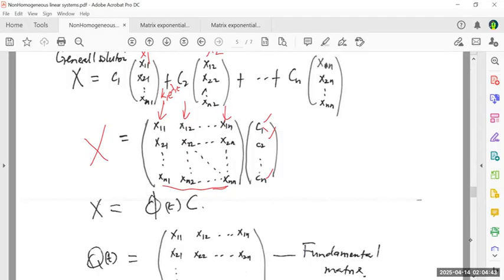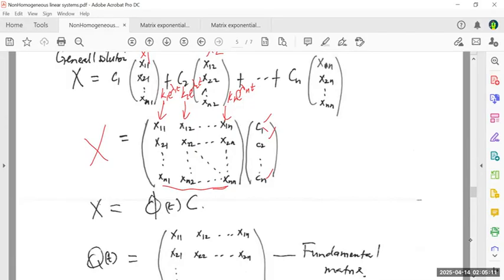So it is a matrix which is not constant. It's not a constant matrix. It's a matrix with functions of t. This is k2 e to the power lambda 2 t, kn e to the power lambda n t. So that's what should happen here in that matrix.